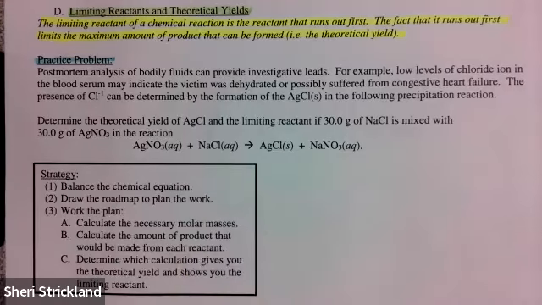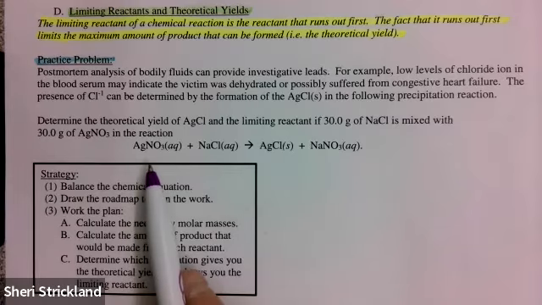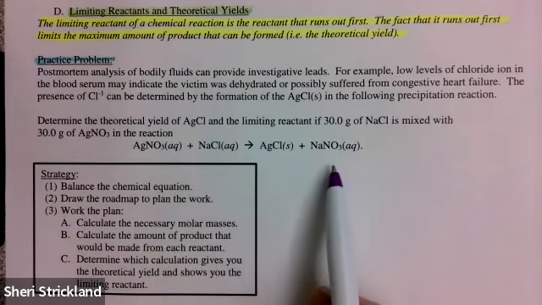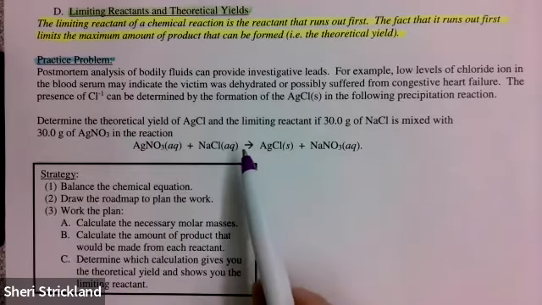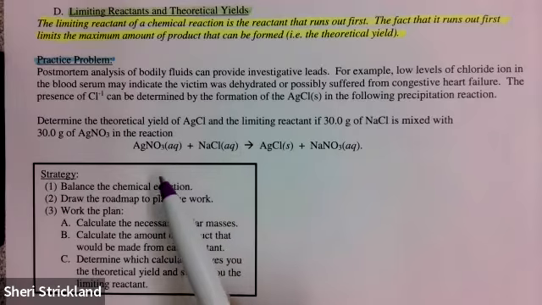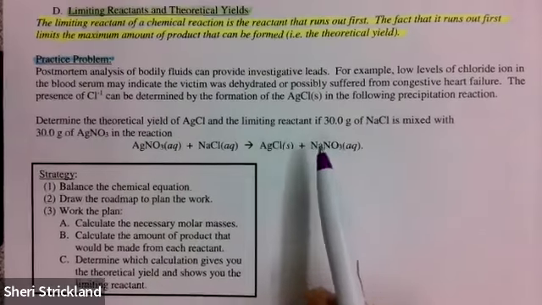All right, so the first thing you would do in the strategy that I've laid out for you here is look and, first of all, see if it's already balanced. And then if it's not, do whatever you need to do to balance it. I would never assume that it's balanced, because if it's unbalanced and you do all your math, it's wrong, because you don't have the correct molar relationships.